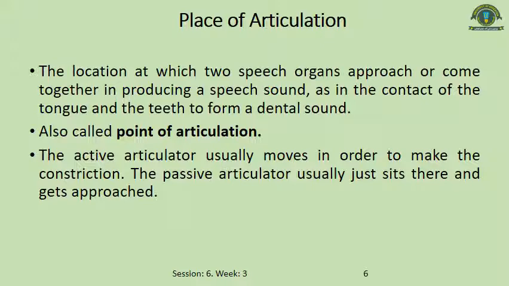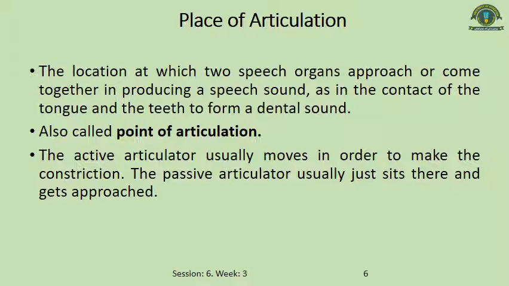But what teeth? Not the lower teeth, but the upper teeth. So the tip of the tongue is touching. This is the location we have to understand. When you come across that your tip of the tongue is touching the inside of the front teeth, that means it is a dental sound. And that particular location is called the place of articulation.